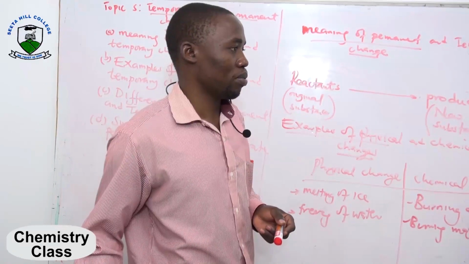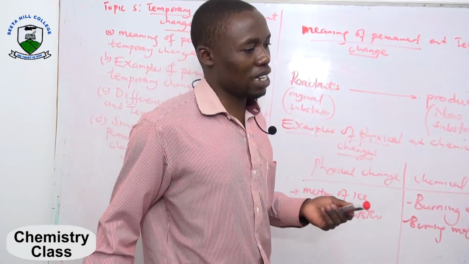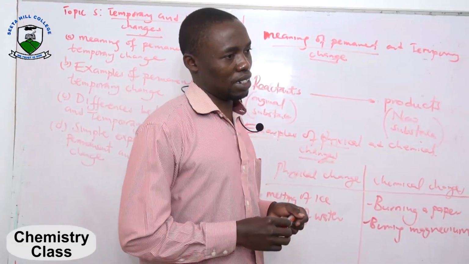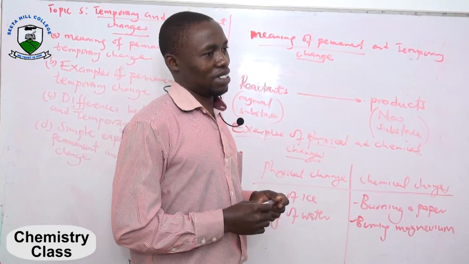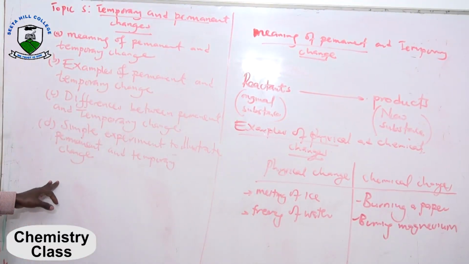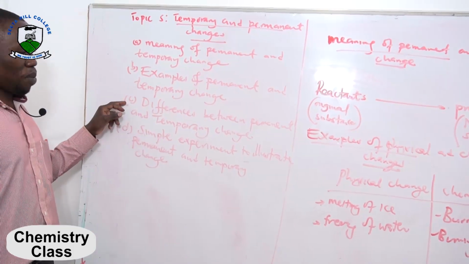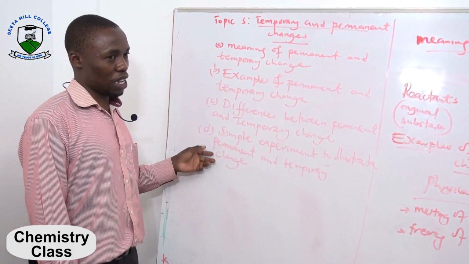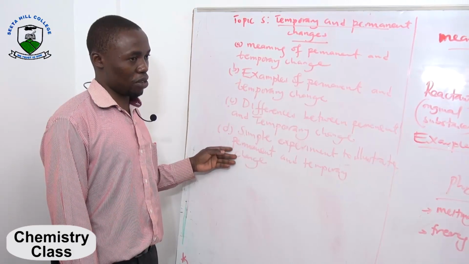So, let's take an example of sublimation. Which change is that? Okay, now let us come to part C first. Then we look at two experiments here, for sublimation and burning magnesium ribbon.